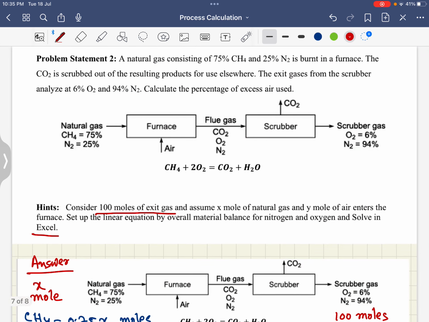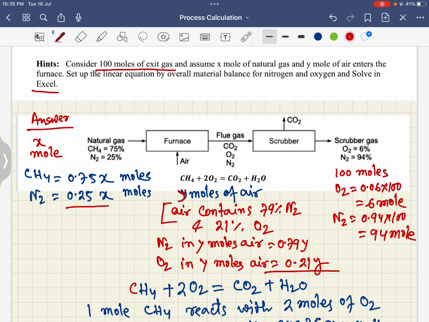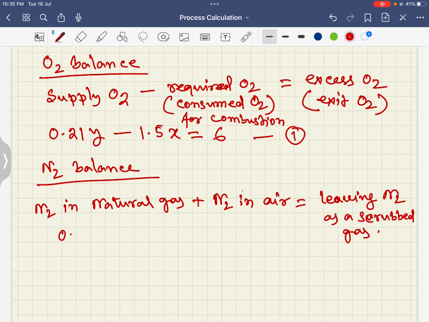Nitrogen in natural gas is 0.25x, nitrogen in air is 0.79y, and the scrubber gas nitrogen is 94 moles. Now we can write 0.25x plus 0.79y, that is nitrogen in air, is equal to nitrogen leaving in the scrubber gas, that is 94. So that is equation number 2.